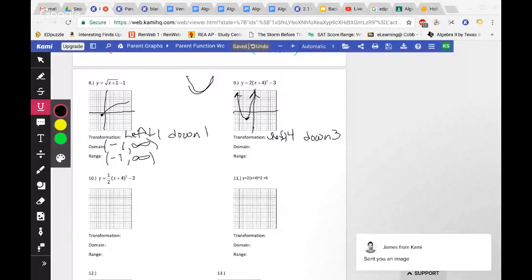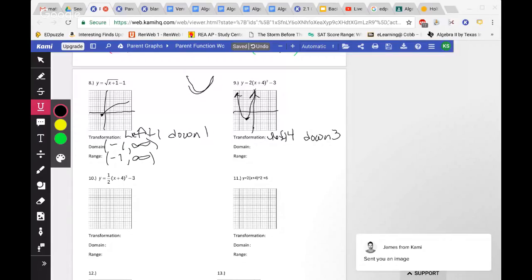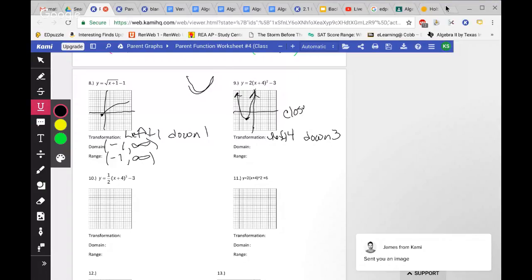Can you hear me now? Yeah. Okay. That's weird. Sorry about that. Okay, so left 4, down 3, and then closer to the y-axis by a multiple of 2. Okay. Or stretched.